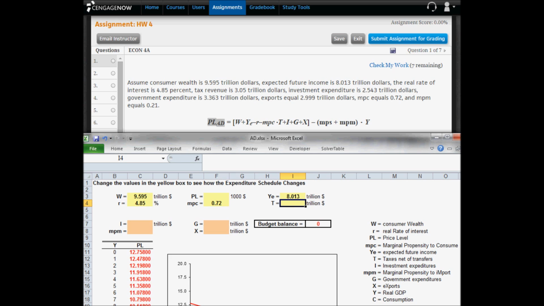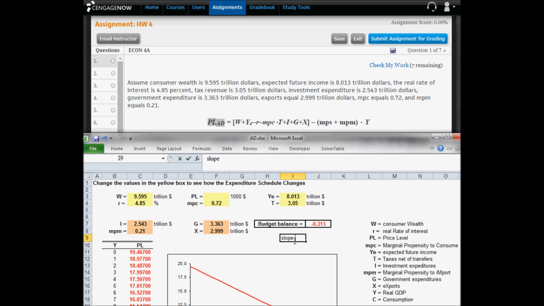Tax revenue is $3.05 trillion. Investment expenditure is $2.543 trillion. Government expenditure is $3.363 trillion. The marginal propensity to import is 0.21. And exports total $2.999 trillion.